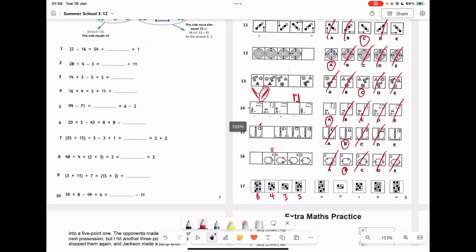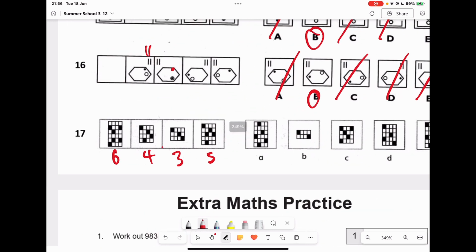So what I'm going to do is just look at the black squares on the inside. Okay, we can see that the black squares are gradually moving upwards.